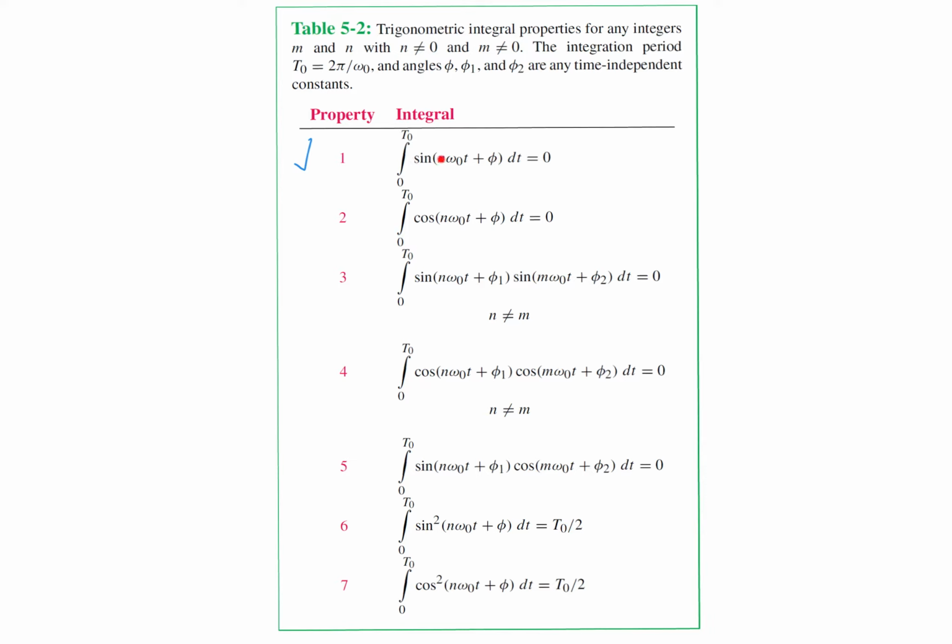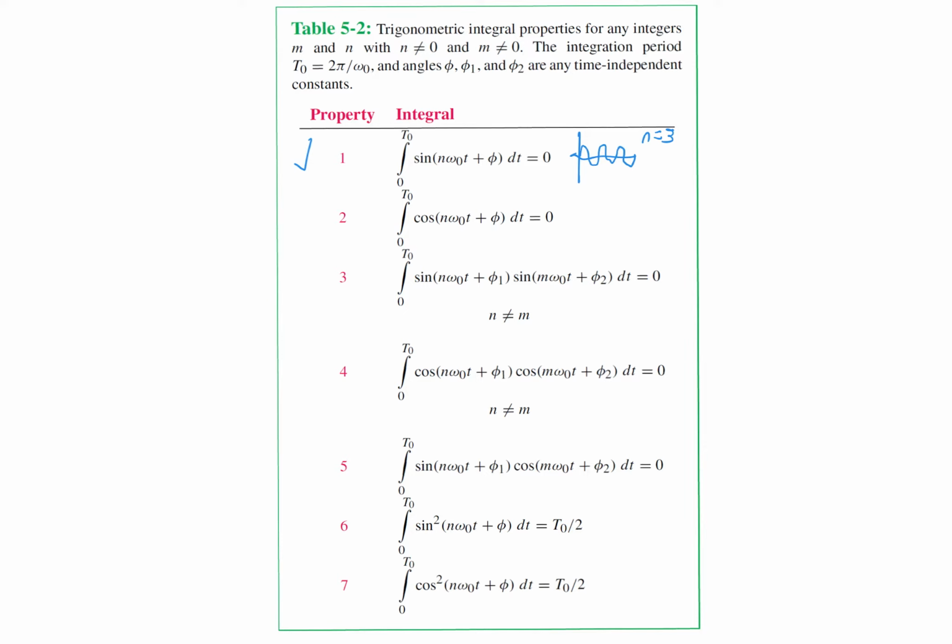So if n equals 3, I'm going 3 times the fundamental frequency, and I go over 1 fundamental period, so I will complete 3 cycles of the sine wave. So if I go from 0 to t0 here, it would look like that. So when I integrate a complete number of cycles of a sine wave, I get 0 as the area result.